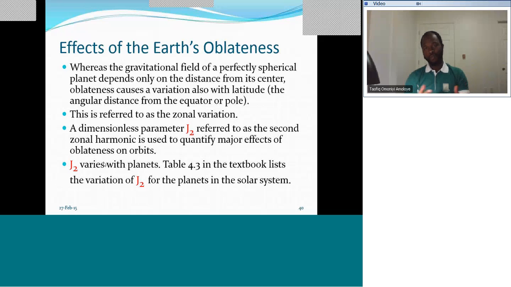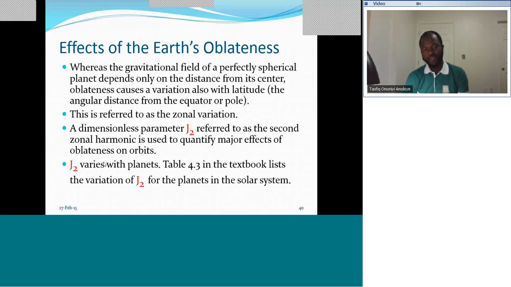Because of the oblateness, the radius of the Earth varies from its maximum at the equator to its minimum at the poles. Since the force of gravity is a function of distance to the center of the Earth, and the distance is now varying, the force of gravity will also be varying.